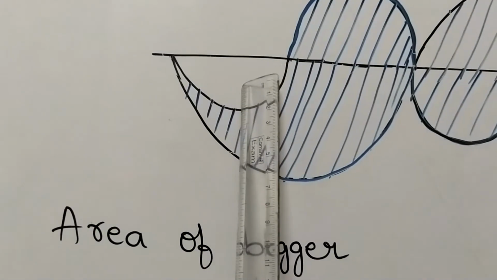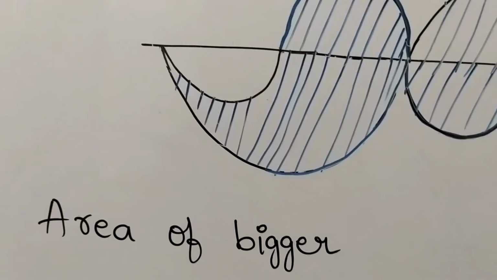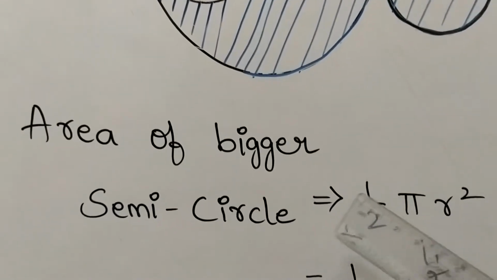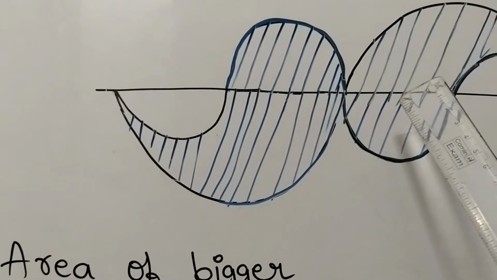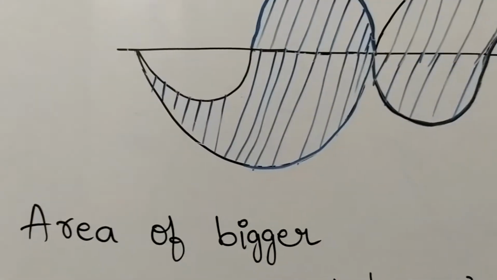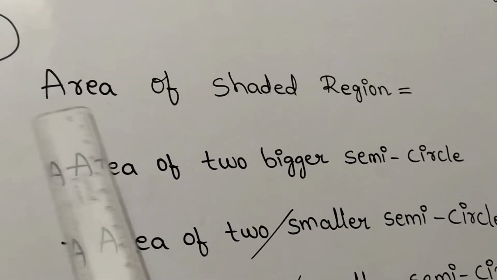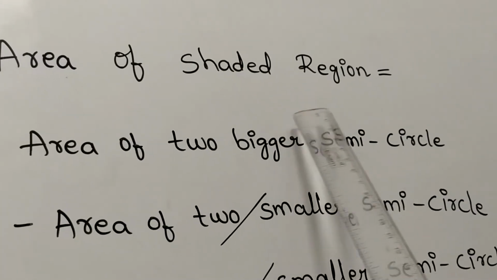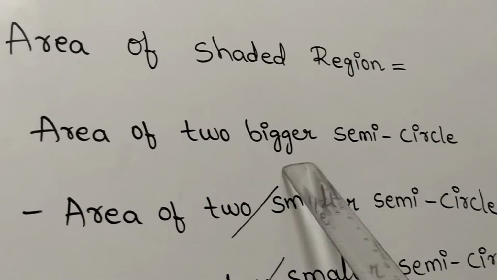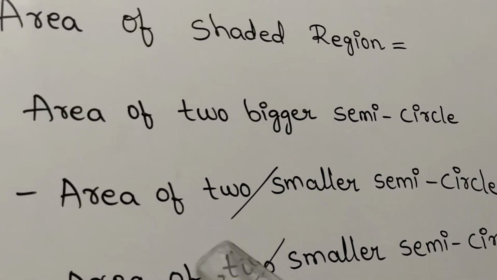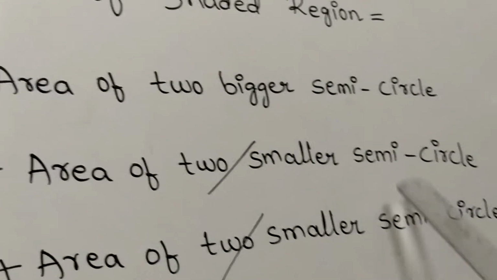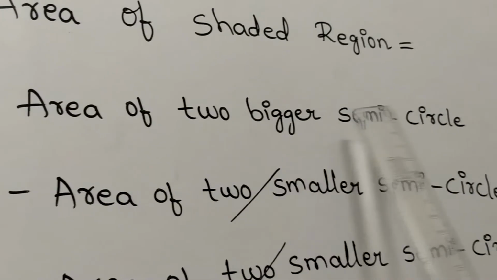Now we have to find the area of the smaller semicircle. How will we find it? Next we will find the area of the shaded region directly using these semicircles. So I am writing the area of the shaded region is equal to the area of 2 bigger semicircles minus the area of two smaller semicircles plus the area of two smaller semicircles. How are we writing this?